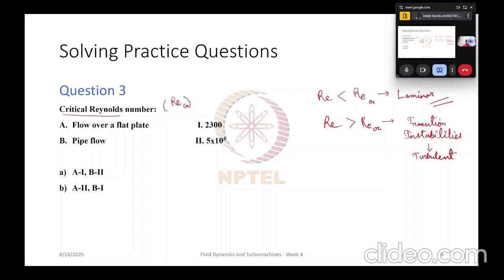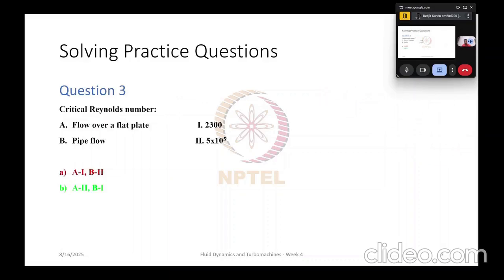Okay, so let's take a look at the solution. The solution is A2B1. So for flow over a flat plate, the critical Reynolds number is 5 into 10 power 5.